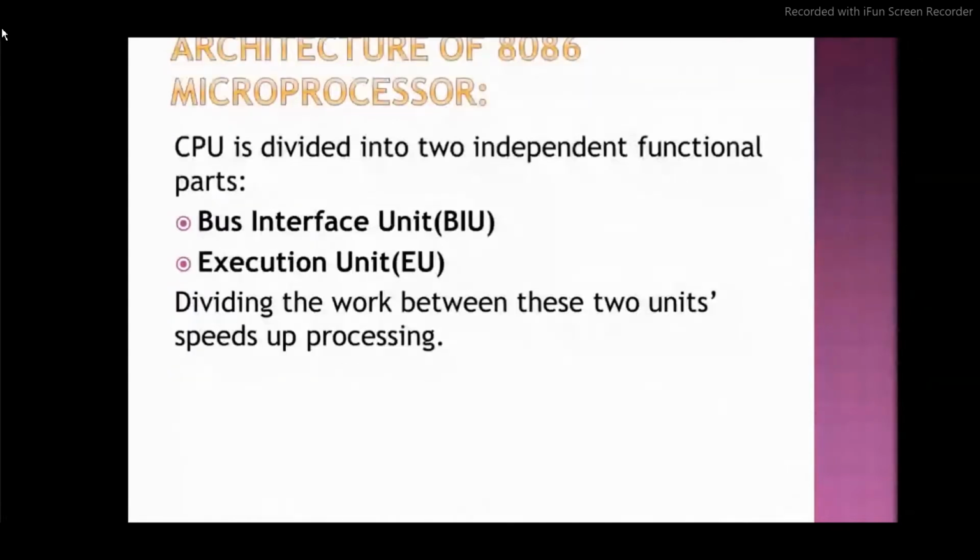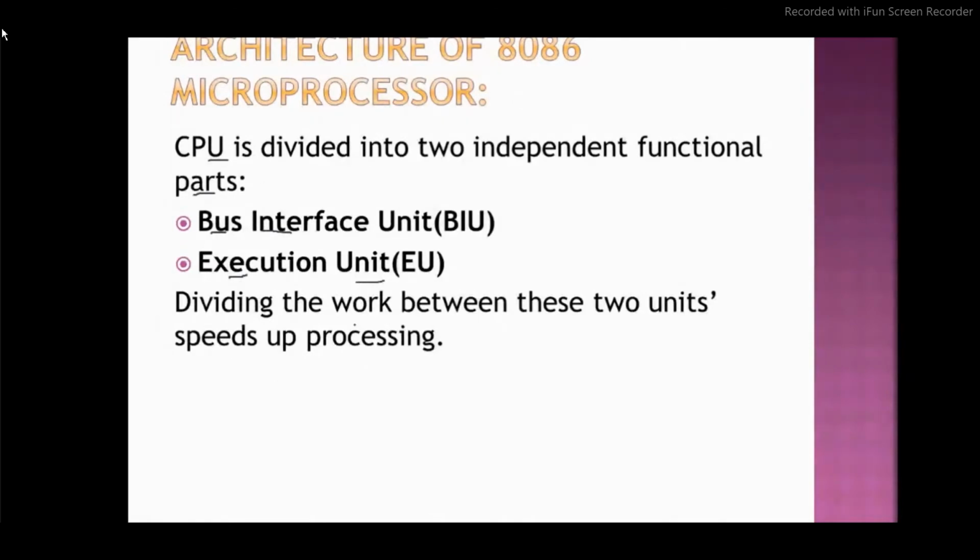Let's see the basic architecture of 8086. The architecture of the 8086 microprocessor. In its architecture, the microprocessor unit or the processing unit is divided into two independent functional parts: the bus interface unit and the execution unit.